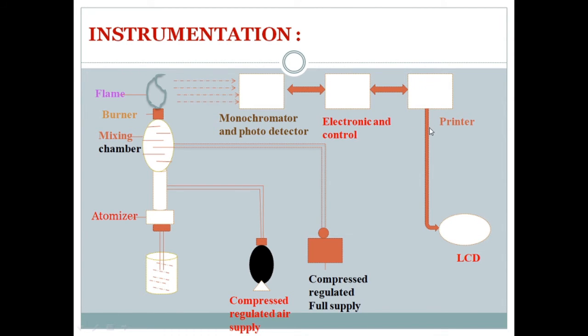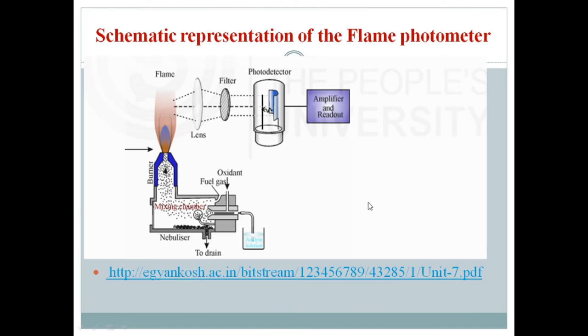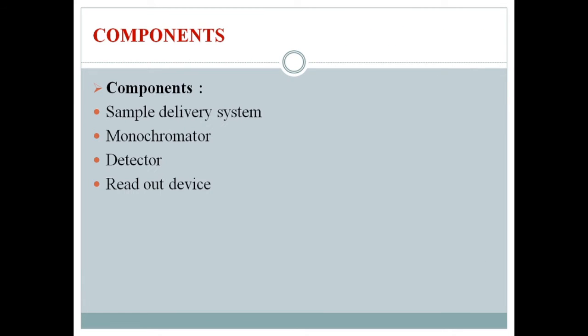After that there is a printer and LCD. This is the instrumentation block diagram of flame photometer. Let's move towards the schematic representation of flame photometer. This is a schematic presentation.